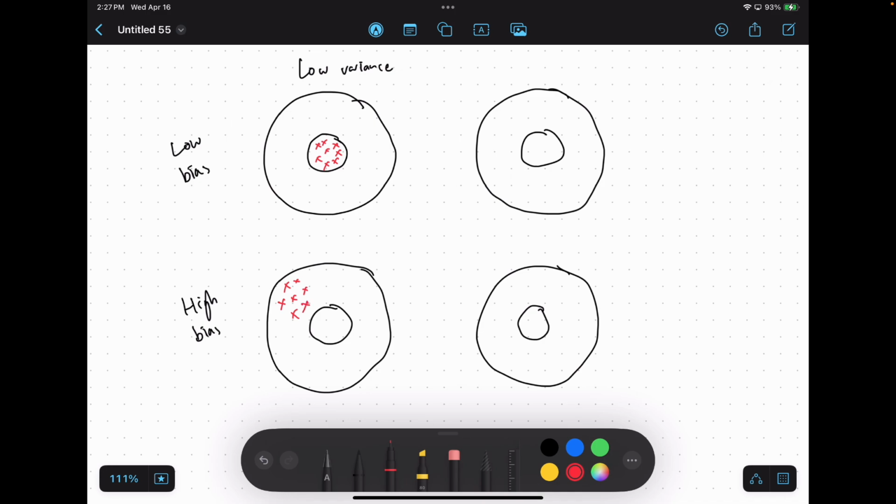So the idea here is bias refers to how centered the data is.